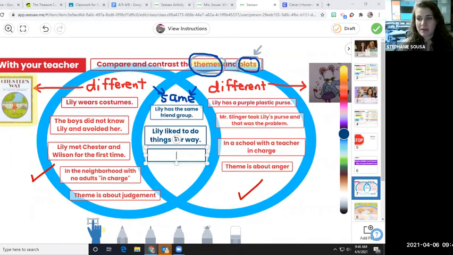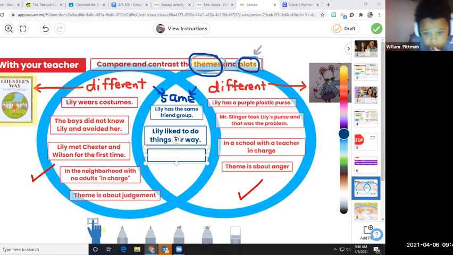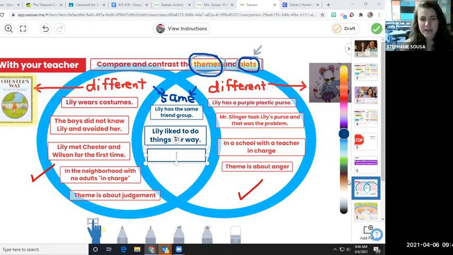Other things that might be the same. You know what I noticed that was the same? Inside of Chester's Way, the theme was about judgment. Inside of Lily's Purple Plastic Purse, the theme was about anger, right?